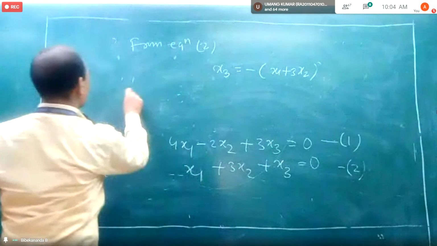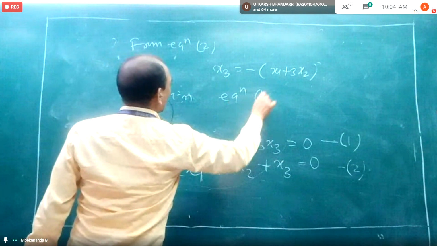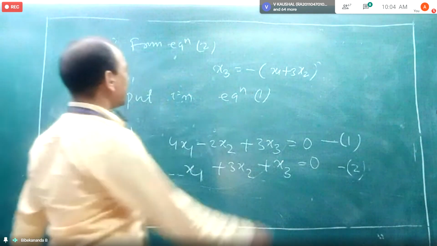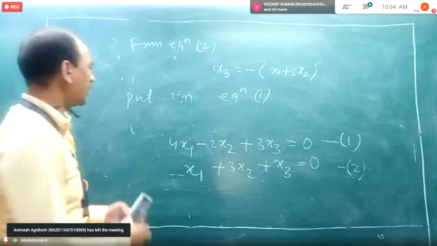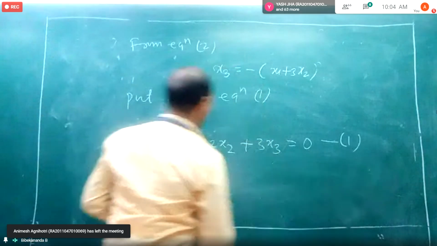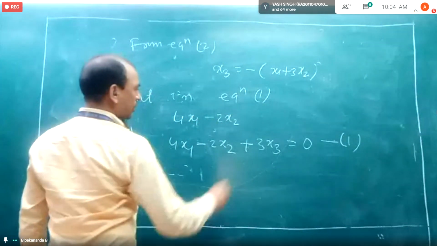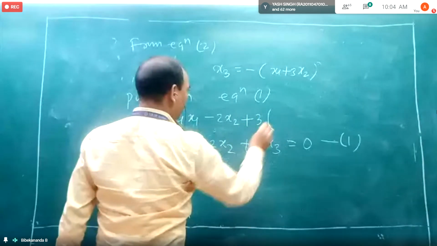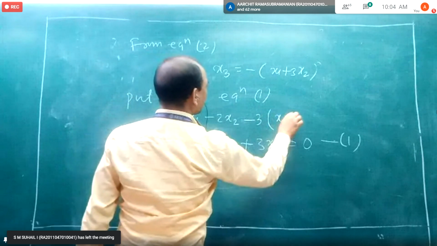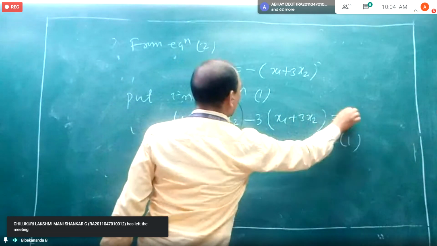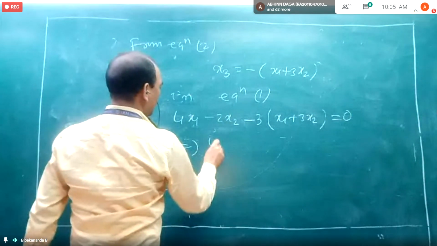Now put the value of x3 in equation 1. If I put it in equation 1, what will happen? 4x1 minus 2x2 plus 3 into minus x1 plus 3x2 is equal to 0.